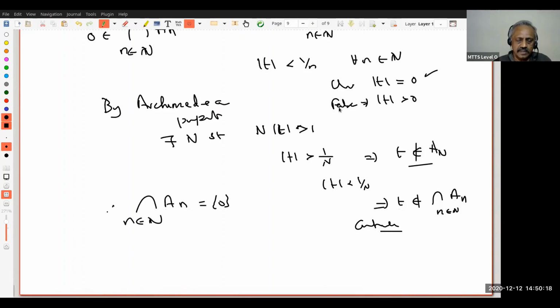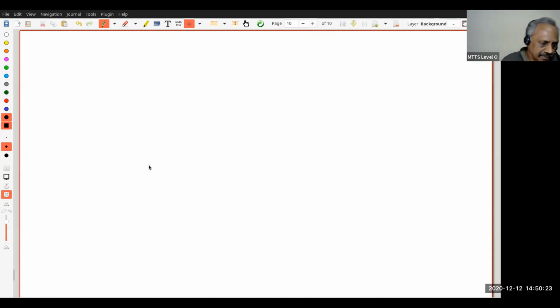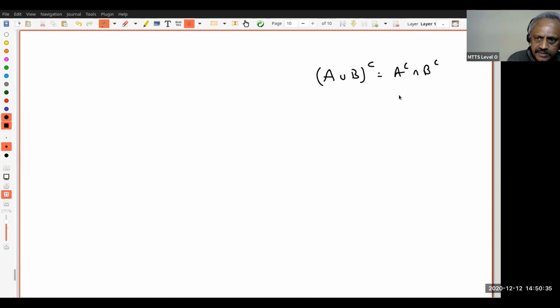Okay, so the last result, with which we will stop, is the following. You know what De Morgan's laws are, right? The complement of A union B is A complement intersection B complement, etc. We will prove one of them. Suppose I have a set X and I is an index family.